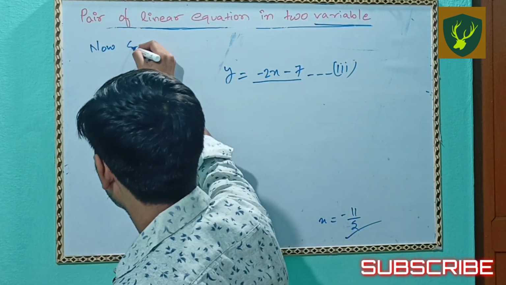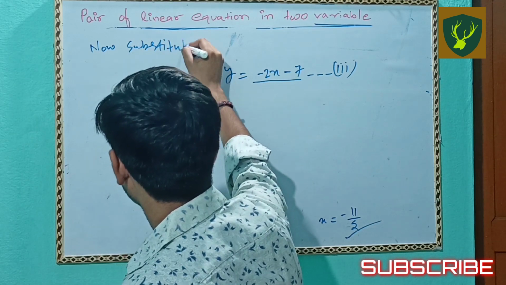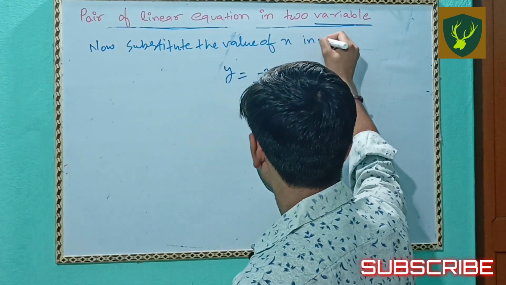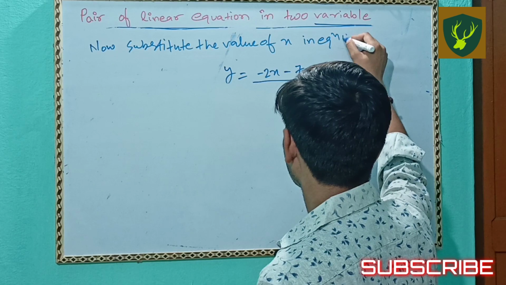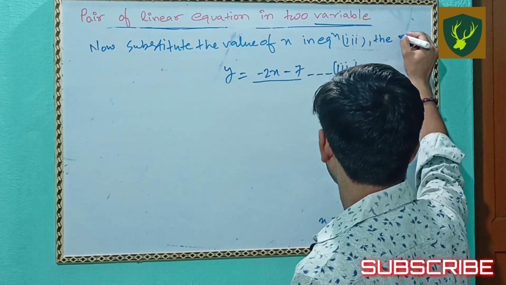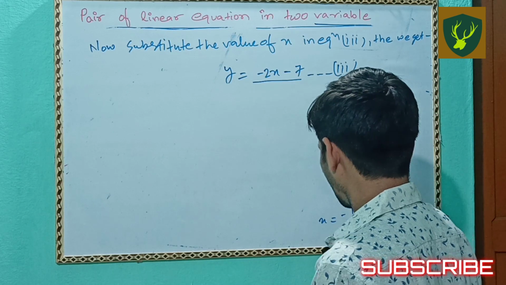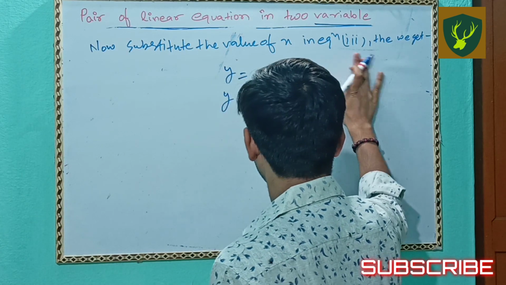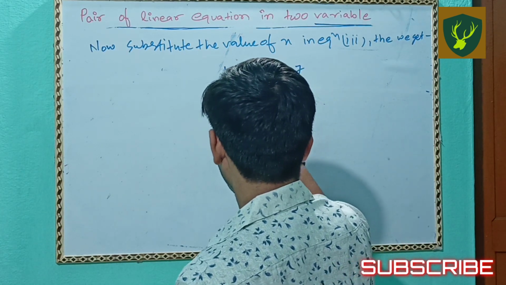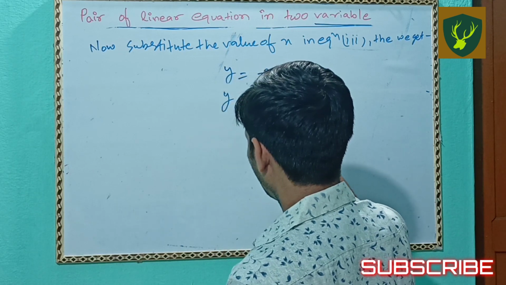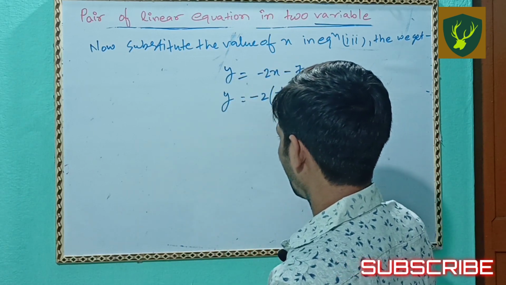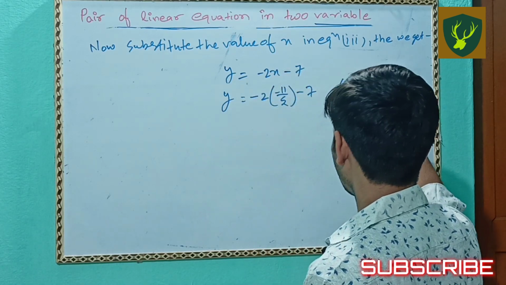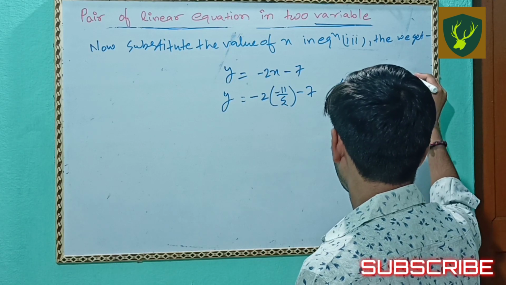Now substitute the value of x in equation third. Then we get y equal to -2, and what is the value of x? We have got here -11/5, minus 7. Since we can write x equal to -11/5.